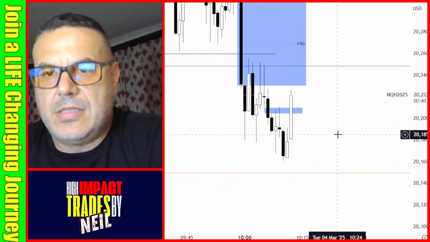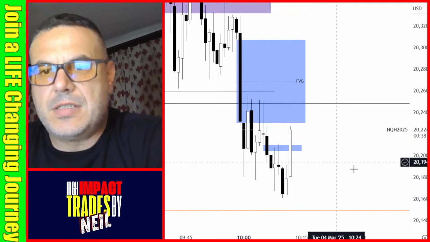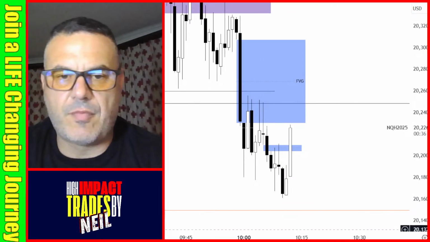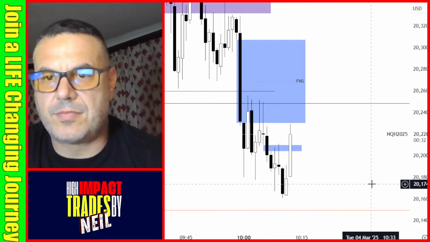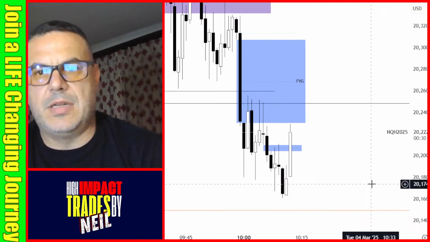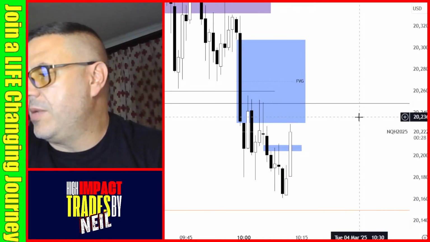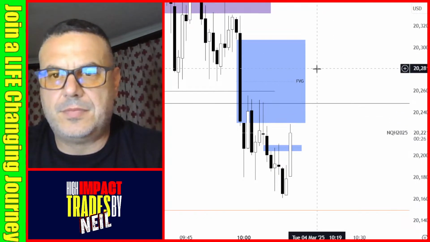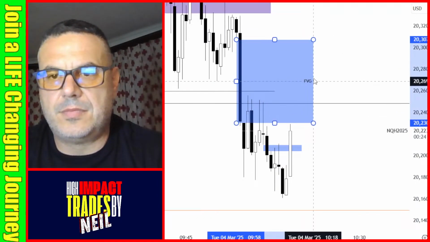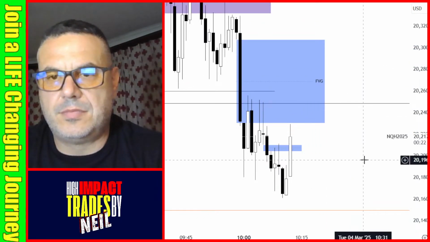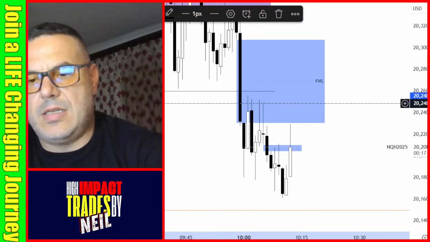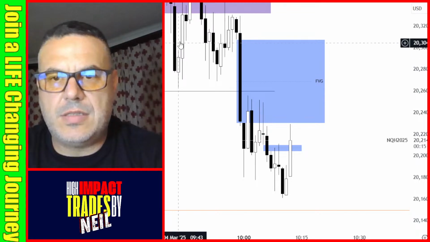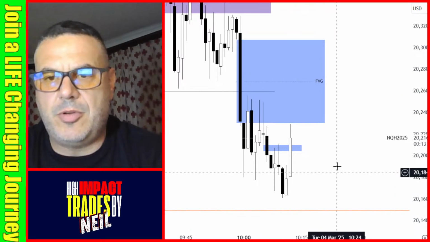Maybe we don't want to go to that level, maybe we want to change gears from here. So let's just keep an eye and see what it plans to do now. Take this line off because we've done those liquidities. This is just a pivot point down here.